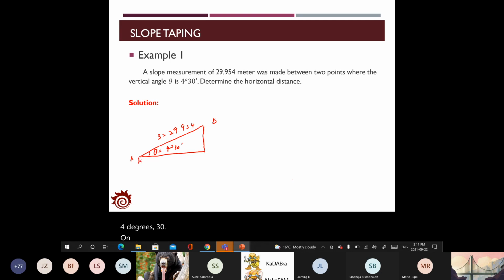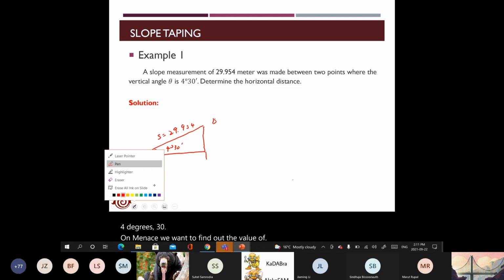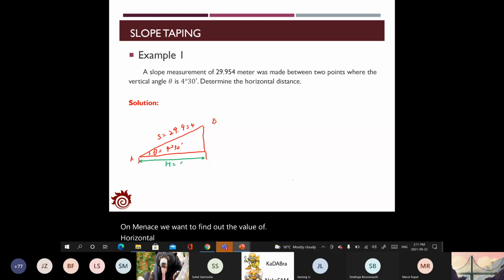We want to find out the value of the horizontal distance. So how do you think we're going to get this result? Have any idea about it? Would we first have to convert it from minutes to like 4.5 degrees?